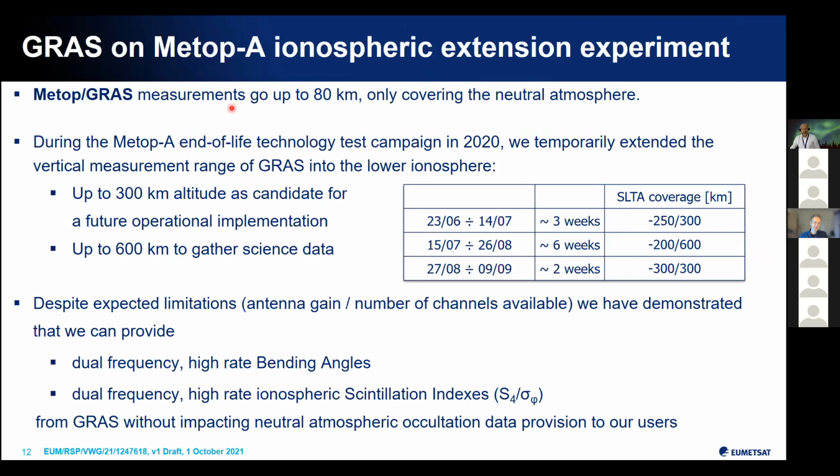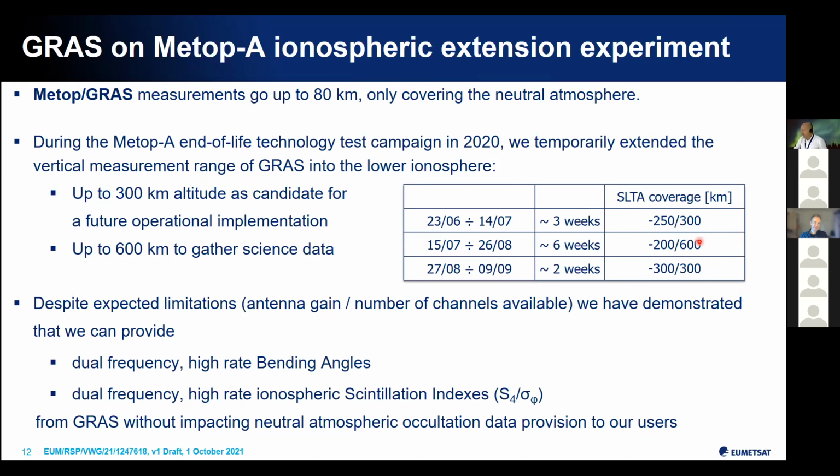So the measurements were covering up to more or less 80 kilometer levels. But during the METOP-A end-of-life technology test campaign in 2020, we were able to temporarily extend the vertical measurement range of GRAS into the lower ionosphere. We ran 3 different experiments, 2 of them up to 300 kilometers and 1 up to 600 kilometers.